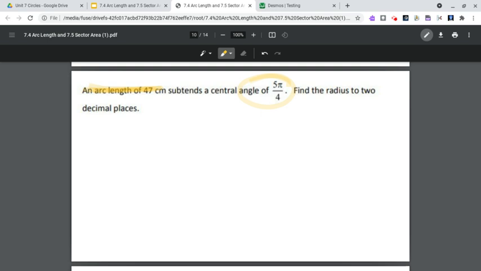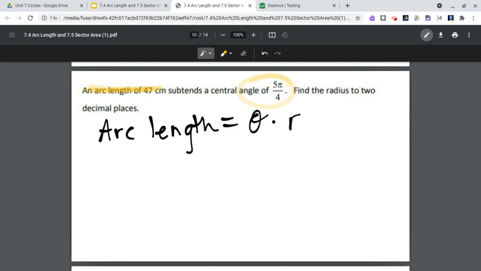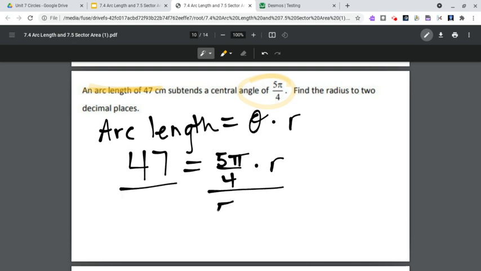We need to find the radius this time, so we're going to use arc length equals theta times radius. We know the arc length is 47 equals 5 pi over 4 times r. To get r alone, we divide both sides by the theta measure in radians.